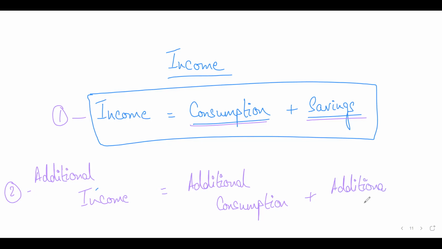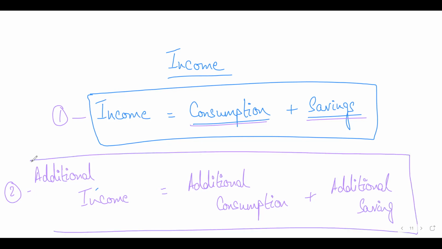This second equation is very similar to the one above, but the only difference is that with each of the three variables, I've used the word additional. So whatever additional income someone earns, either that would be utilized towards consumption, which we define as additional consumption, or that would be used for savings, which we define as additional savings. Easy? We good on this? Okay.